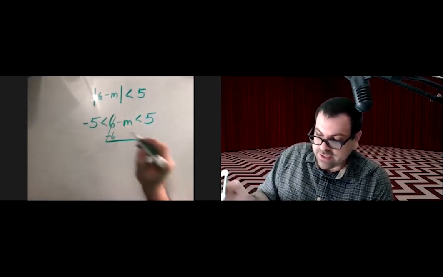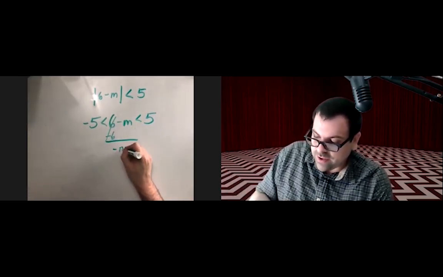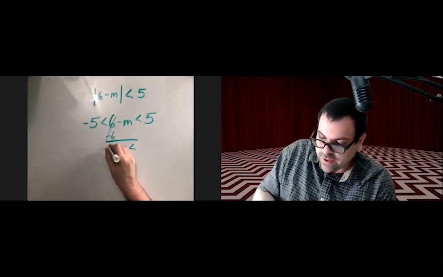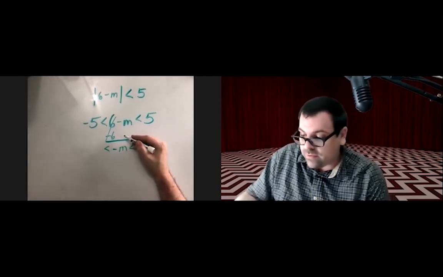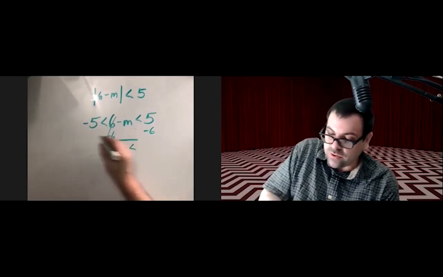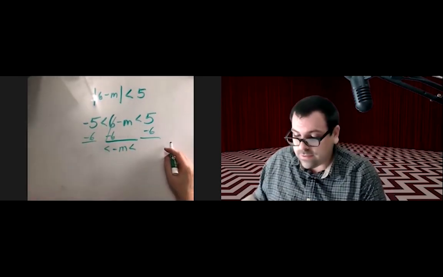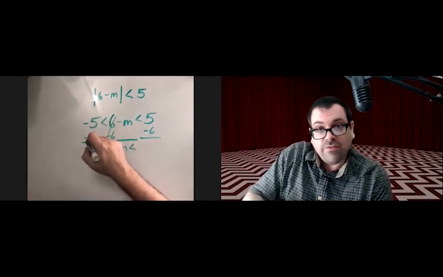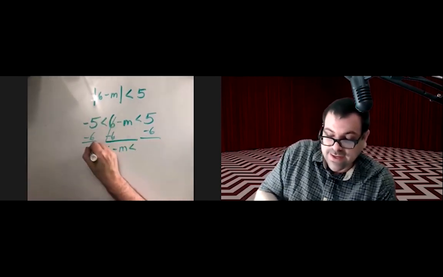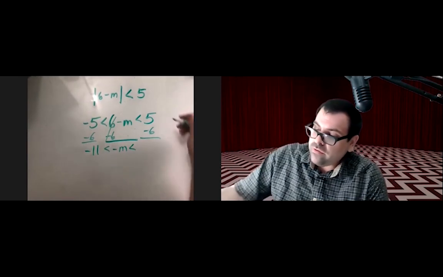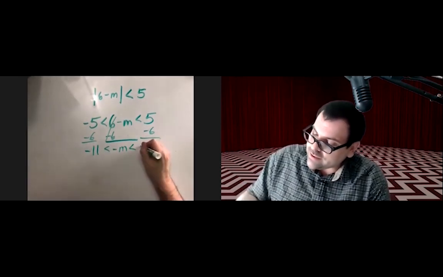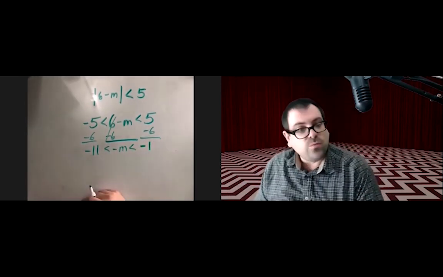So 6 minus 6 goes away. We're just left with minus m in the center. Whatever we do in the middle, the minusing of 6, we must do on all sides. Negative 5 minus 6 is negative 11. 5 minus 6 is negative 1.